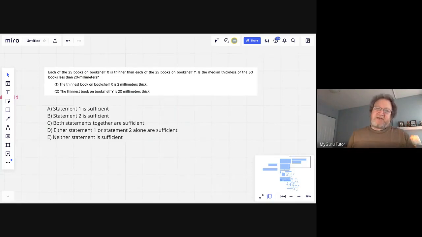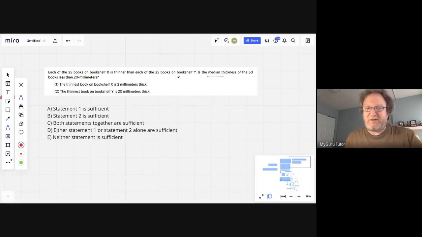Let's say again, you want to identify the core concept. The core concept here is obviously going to be median, right? And for this kind of thing, it can be very useful to draw things out. All right. What have we got?